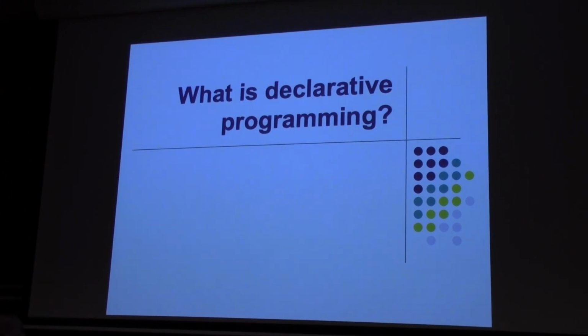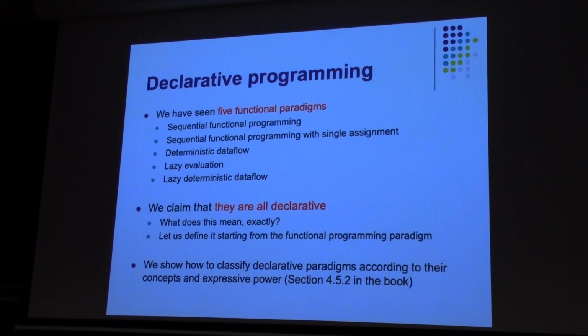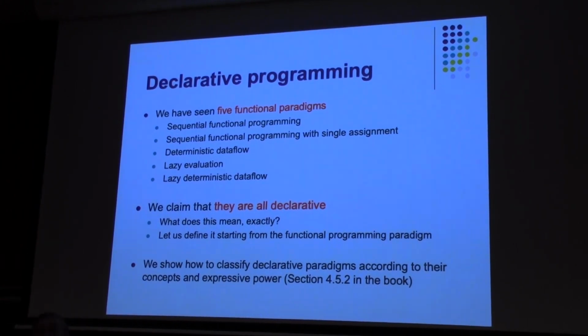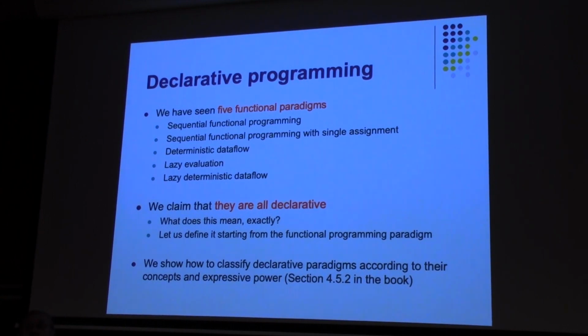You always want to do declarative, normally, except when you interact with the real world. That introduces non-determinism, so that forces you to be a little bit non-declarative. So that is generally how programming should be done. Now, the question is, what exactly is declarative programming? And I want to answer that question now. So we're going to be very precise and a little bit formal.